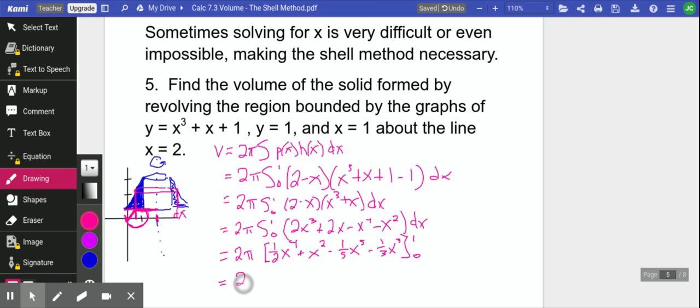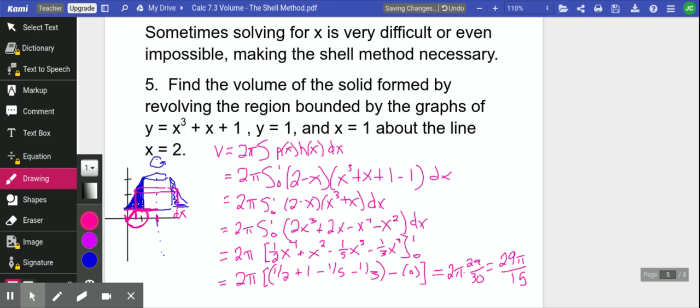So first we plug in 1. It's going to give us 1/2 plus 1 minus 1/5 minus 1/3 minus, then we have to plug in 0, which wonderfully is just going to give us 0. And then go ahead and put that in your calculator, whatever you need. We get 2 pi times, turns out to be 29/30. So our final answer is 29 pi over 15.